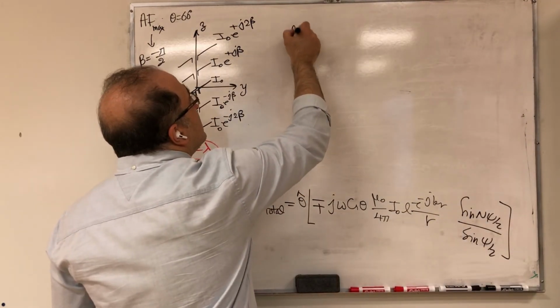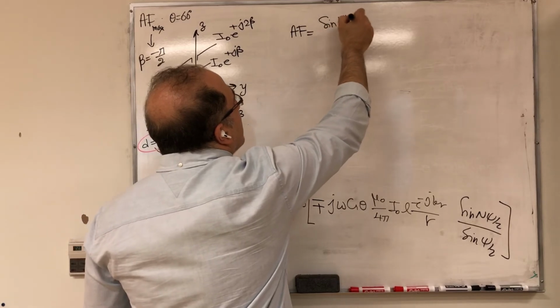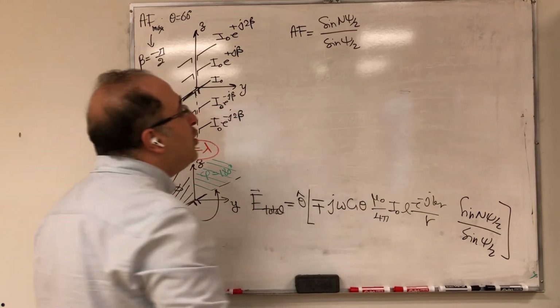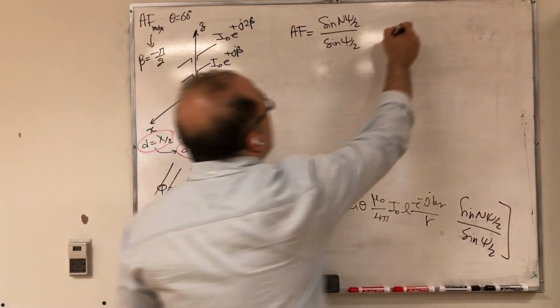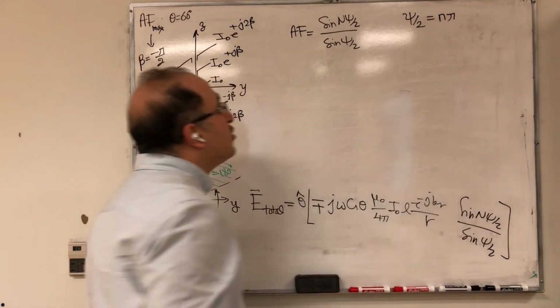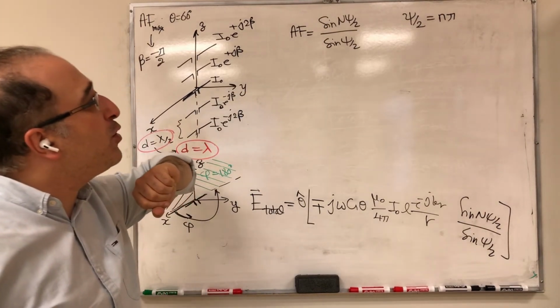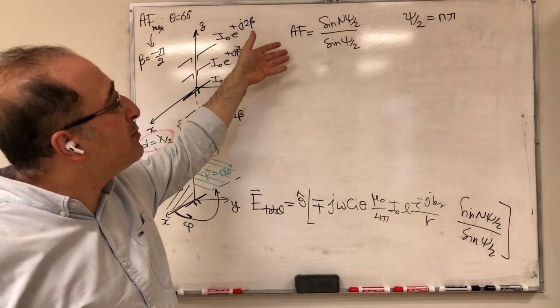Okay, so this is my array factor equation, sine of n psi divided by 2, over sine of psi divided by 2. I know that my array factor becomes maximum if psi divided by 2 becomes n pi. Then both numerator and denominator go to 0, and mathematically this becomes maximum.